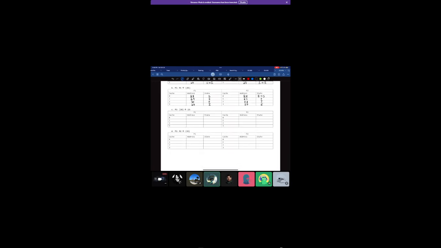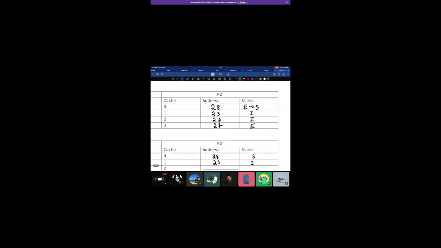All right. Part C, we're loading number 13 and address 6 on processor 2 for 26, right? Let's rewrite 28, 25, 27. Remember that when we're doing a read or write to a cache, if the state of a certain address is invalid, that's the same as saying there is a miss.